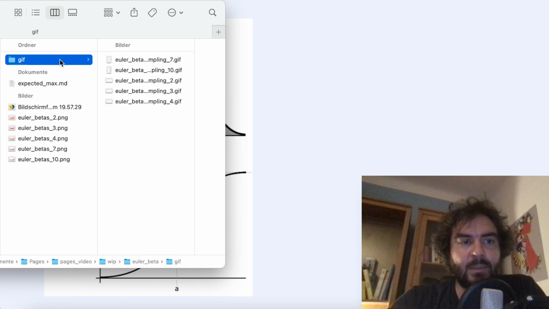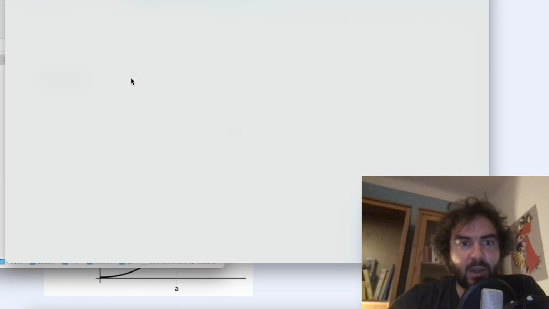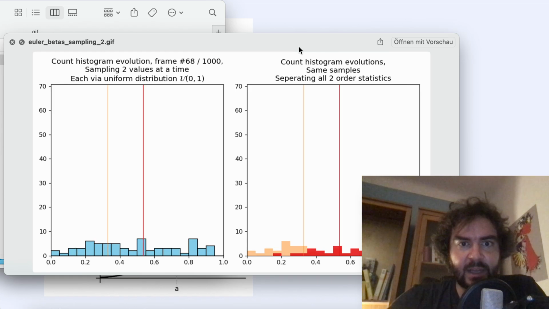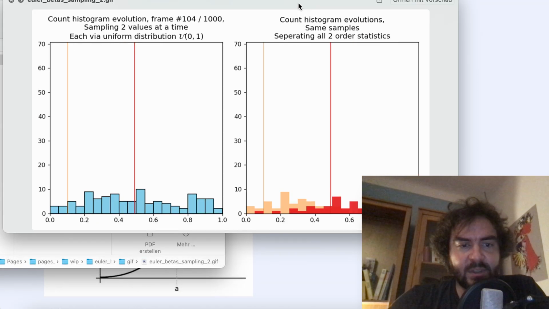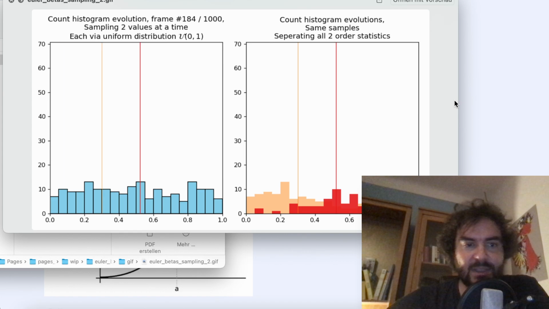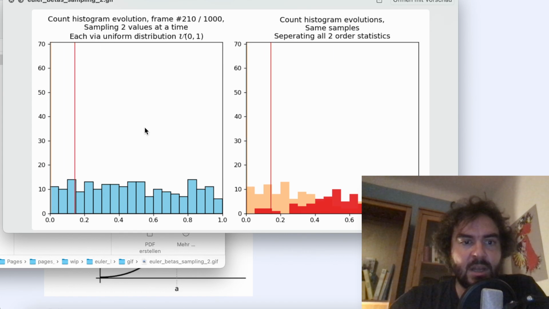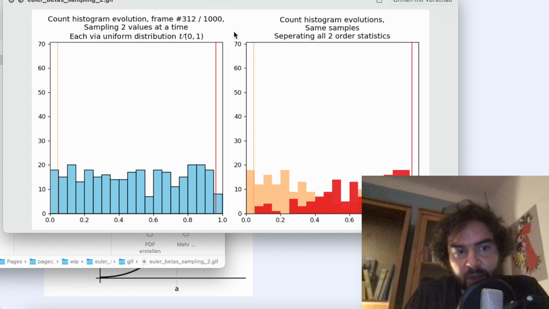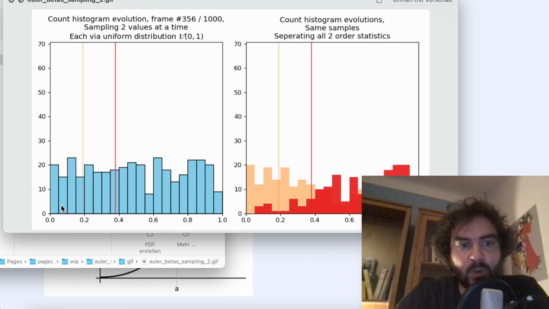For these scenarios, or even more generally, I have made this small Python implementation, and here you see an animation of how this will play out. So what we have here is that I draw 1,000 samples, and I draw them 2 at a time. These lines that you see here are 2 random numbers that I, in this case, draw uniformly between 0 and 1.